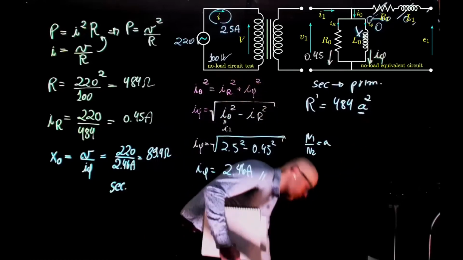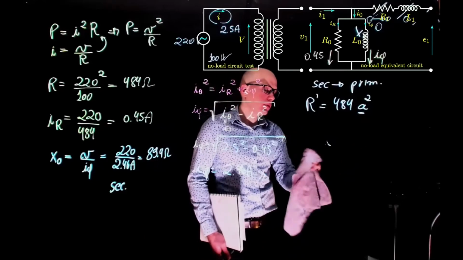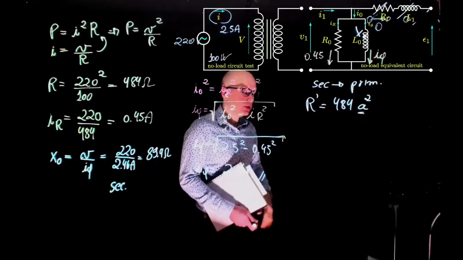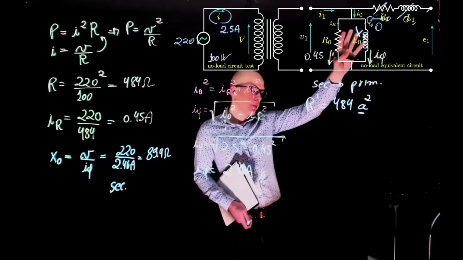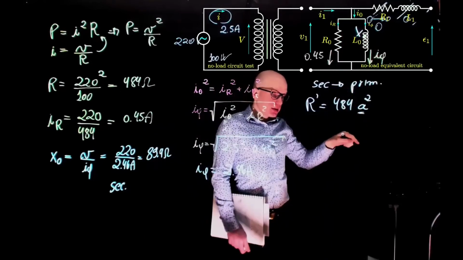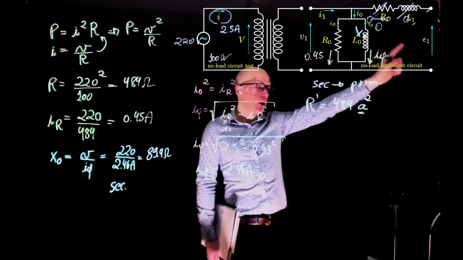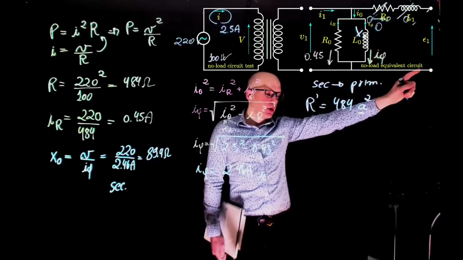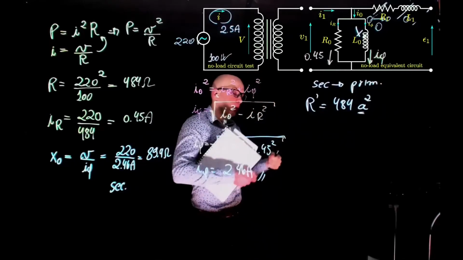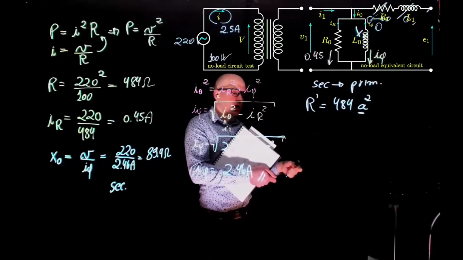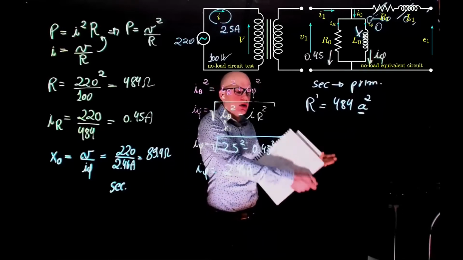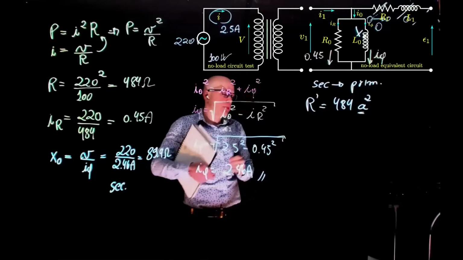Sir, I have a question. Isn't this all in the primary winding anyways? No, it looks like the primary winding here, but the test says in the example that this voltage was applied in the secondary and we left the primary open. Right? So if you take the secondary winding and apply the voltage, we are now magnetizing the entire circuit from the secondary winding. So it is the same as applying in the primary.